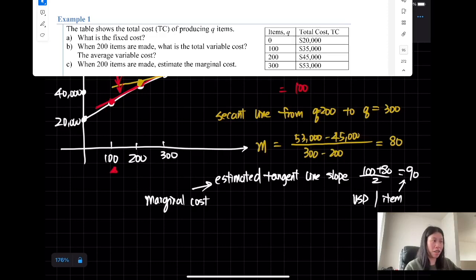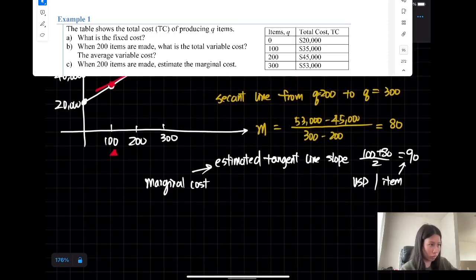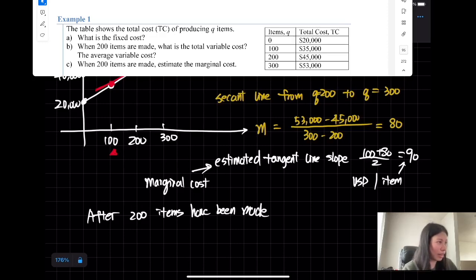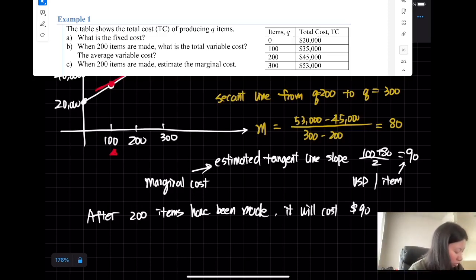So to explain this, after 200 items have been made, it will cost $90 to make another one.